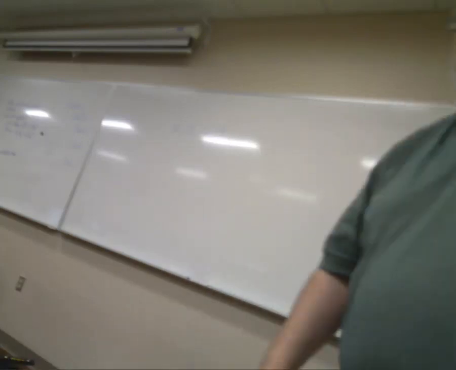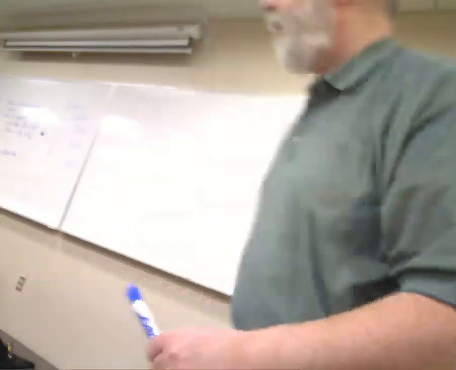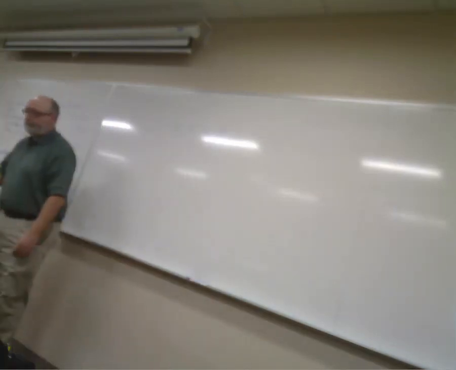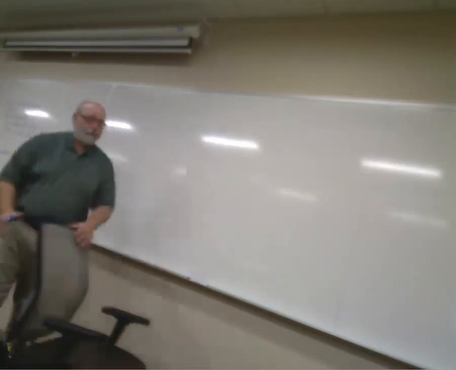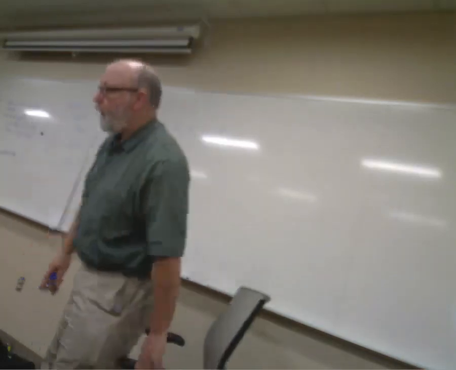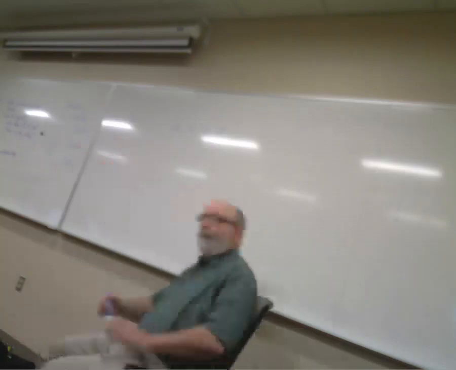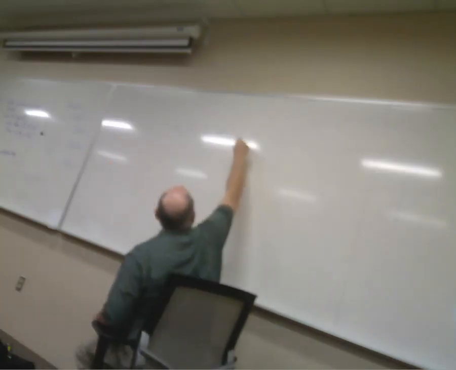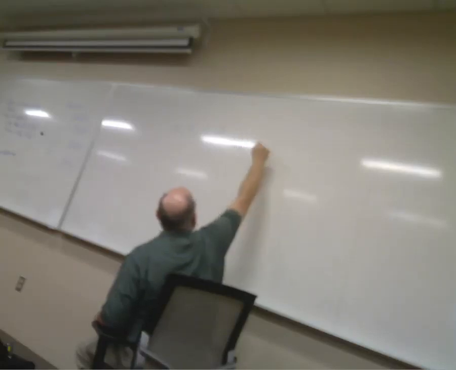What would be the average? Can somebody tell me what the average is of these four numbers? 15. So if you add them up, you got 60 and divide by 4. So 60 divided by 4 is 15, which is the mean.